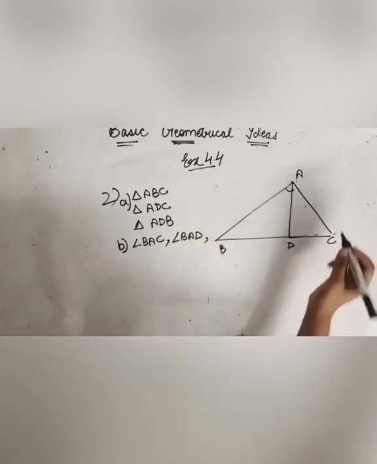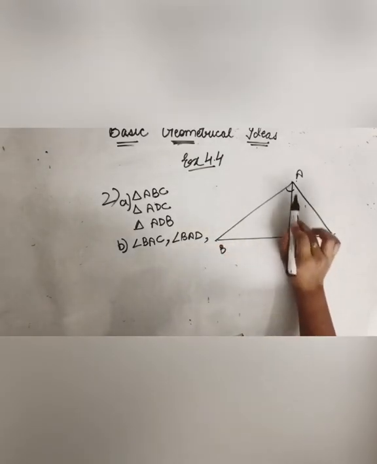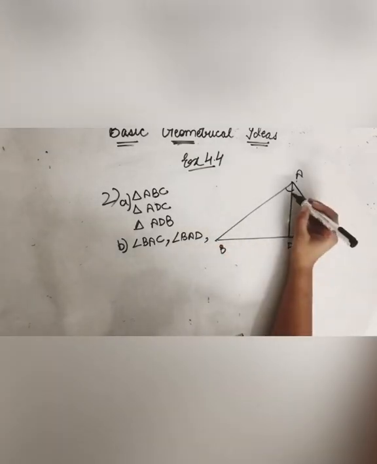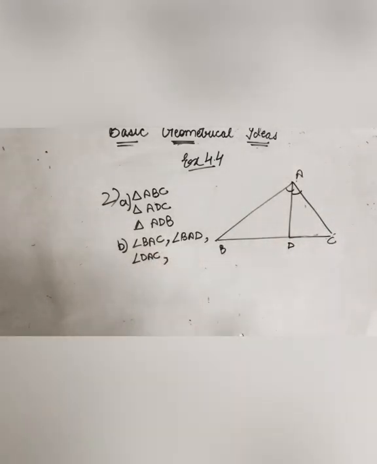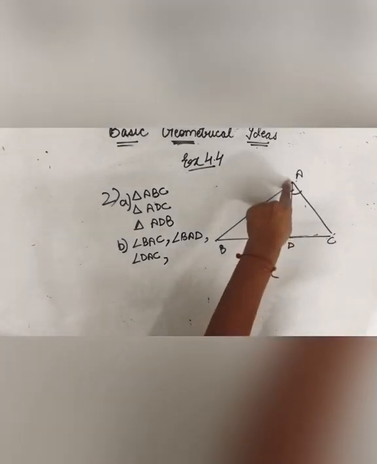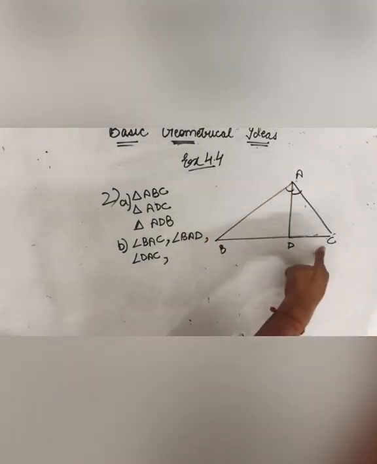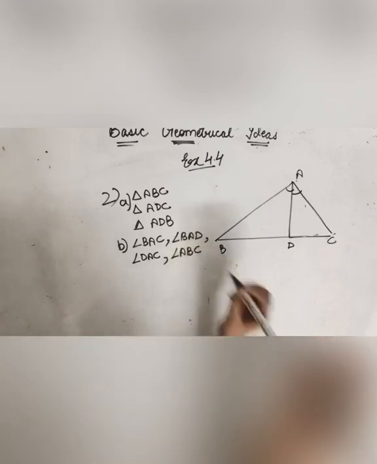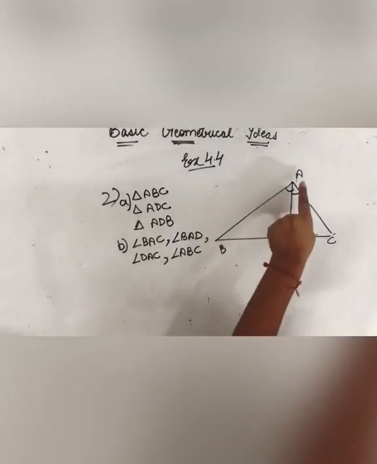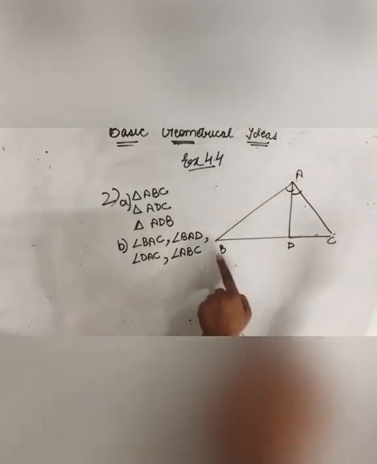Third is DAC, this one. Fourth, ABC. Fifth one, ACB.